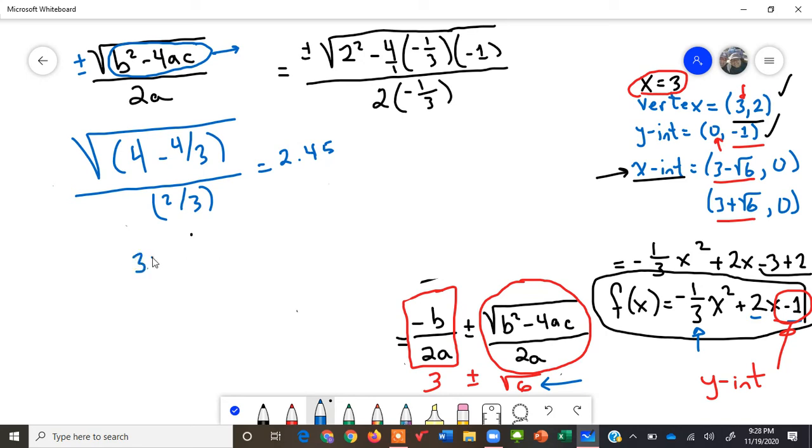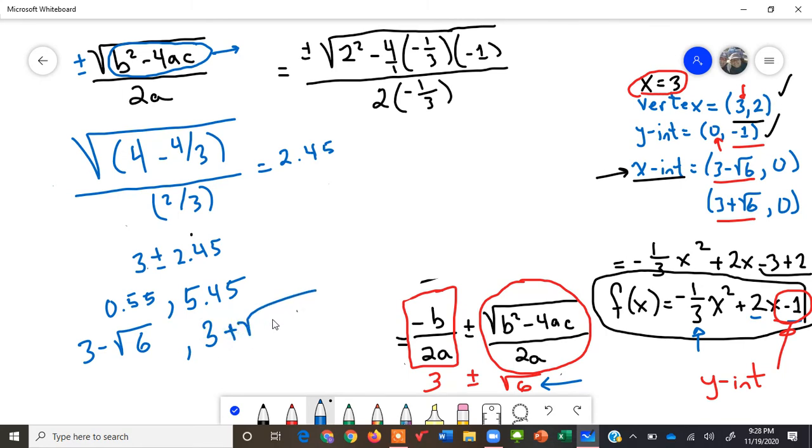So we have 3 plus or minus the 2.45, and in the previous video we saw those were equivalent to 3 minus 2.45 or 0.55, 3 plus 2.45 or 5.45, and this is equivalent to 3 minus root 6 approximately to 2 decimal places, and this one is 3 plus root 6.